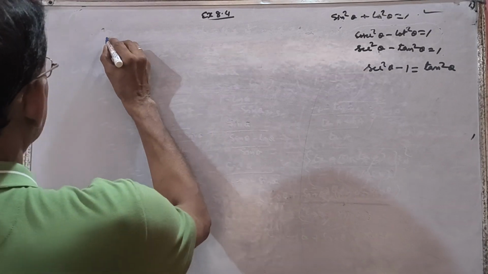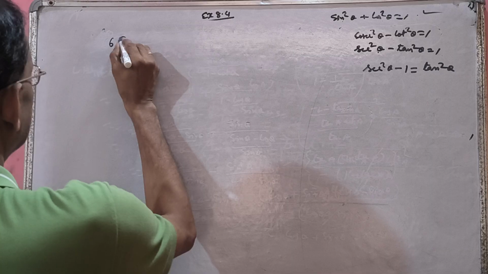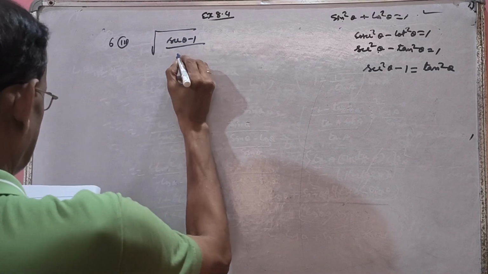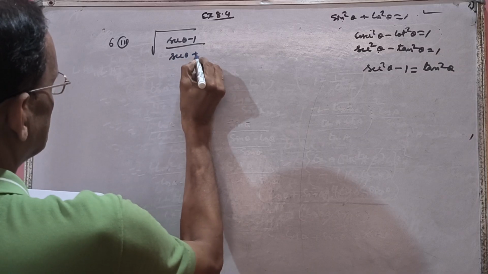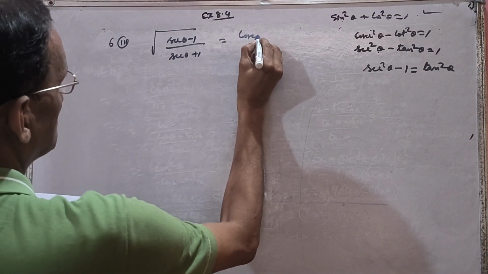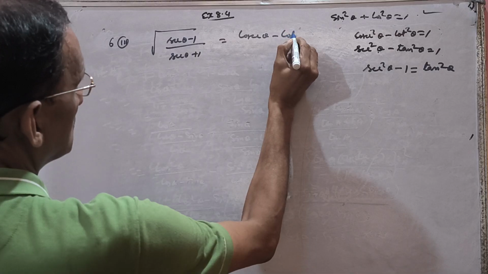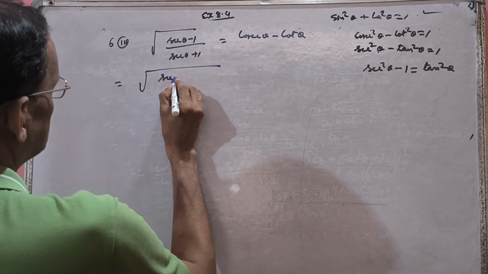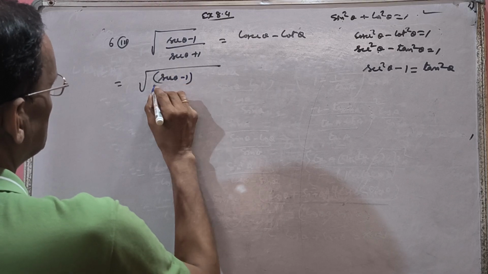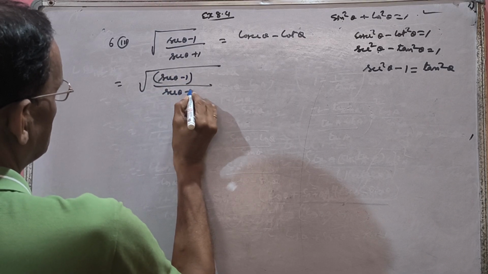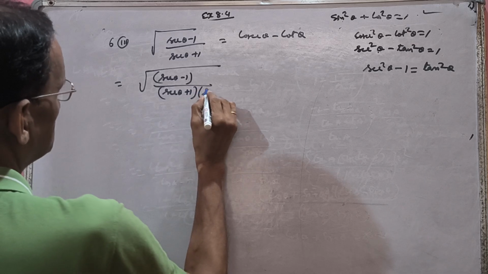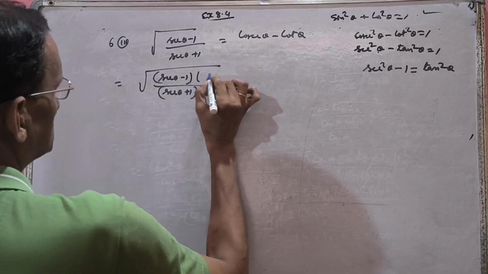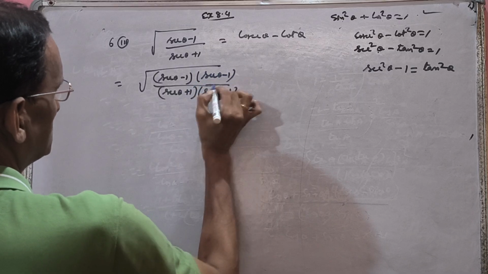6 number 3. What is there? Sec theta minus 1 by sec theta plus 1, the whole under root, is equal to cosec theta minus cot theta. Take the left hand side, sec theta minus 1, here also sec theta plus 1. Multiply this time by sec theta minus 1 because plus is there. So here also sec theta minus 1.